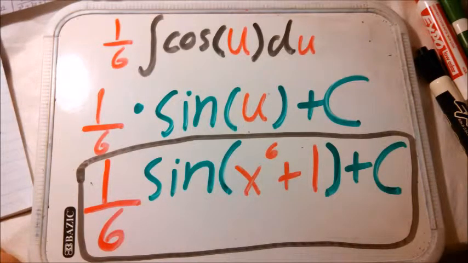Now that that's done, we just need to integrate the function. So it becomes 1 over 6 times sine u plus c. And now, finally, at the last step, we substitute the u back. It becomes 1 over 6 of sine of x to the sixth plus 1, plus c.